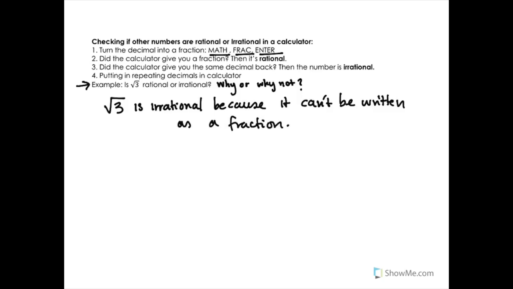You don't have to go very in depth. You don't have to write a paragraph. All you have to tell me is whether this is a rational or an irrational number, and whether it can be turned into a fraction or not.